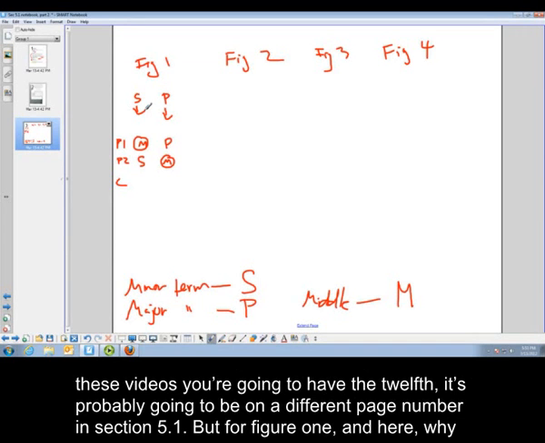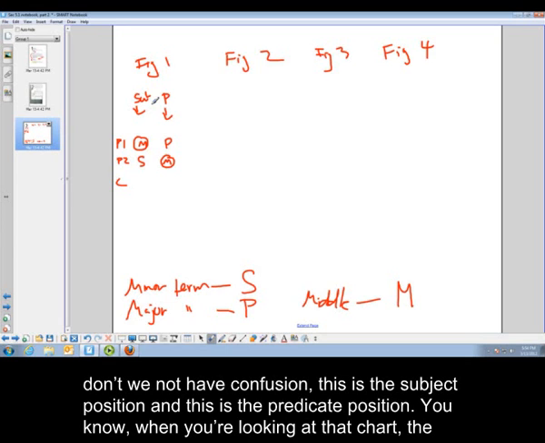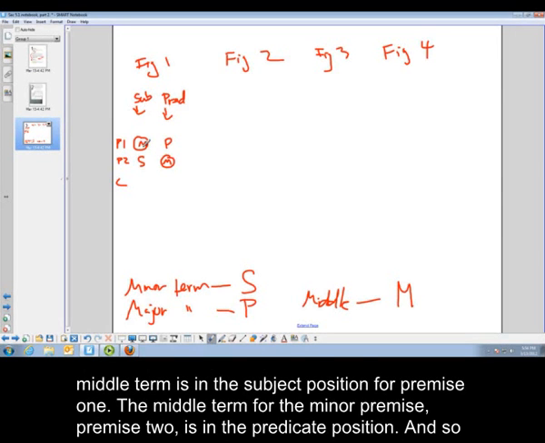But for figure 1, to avoid confusion, this is the subject position, and this is the predicate position. So when you're looking at that chart, the middle term is in the subject position for premise 1.